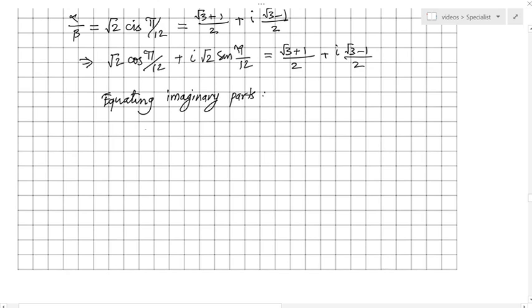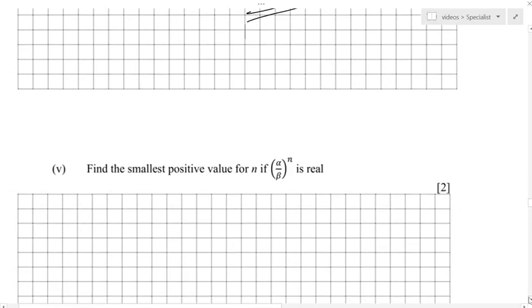What we have here is root 2 sine pi over 12 is equal to root 3 minus 1 over 2, and that tells us that sine pi over 12 is equal to root 3 minus 1 over 2 root 2, and that's our answer here. Okay, that is simple. Then let's look at the last question here as well.